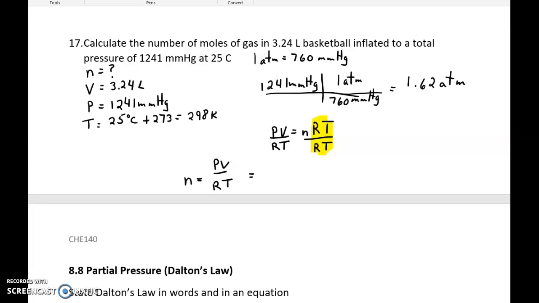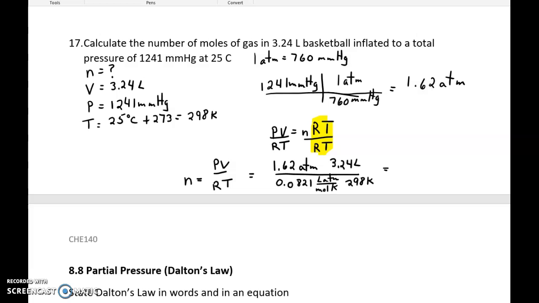Okay, so P is 1.62 atmospheres. V is 3.24 liters. And R is 0.0821 liter atmospheres per mole Kelvin. And the temperature is 298 Kelvin.